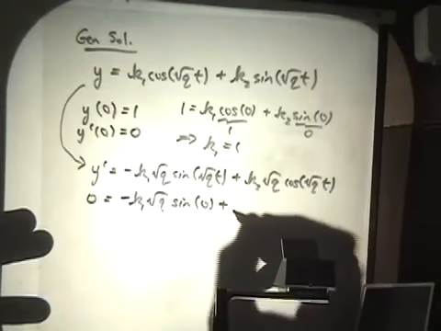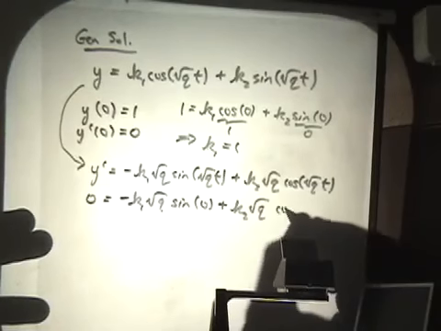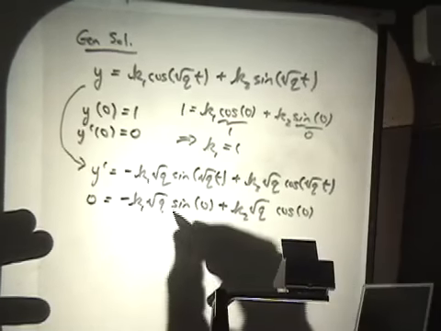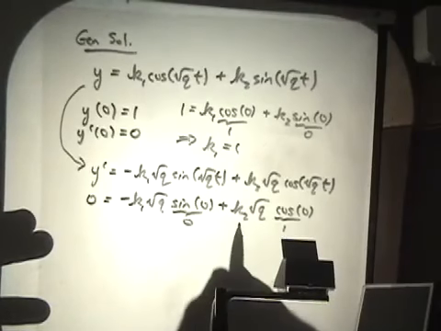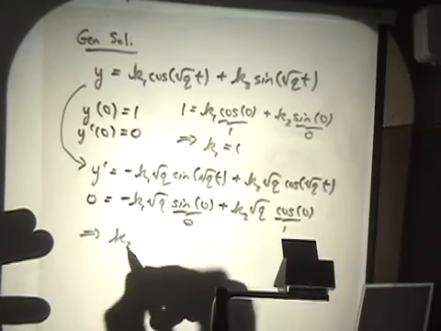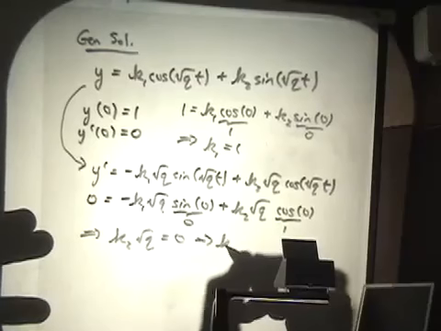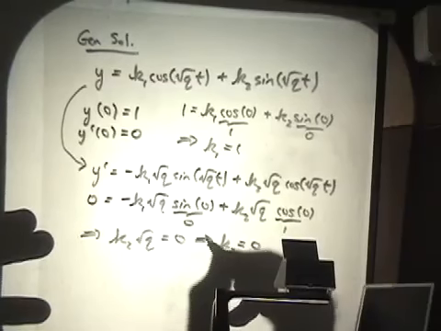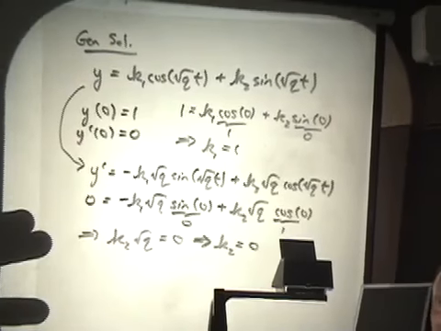So I'm setting y prime equal to 0, and I'm also setting t equal to 0. That's 0, this is 1, and so the resulting equation is that k2 times square root of q must be 0, and therefore k2 must be 0. Q is not going to be 0 here. Q is k over m. M is the mass, it's definitely positive.